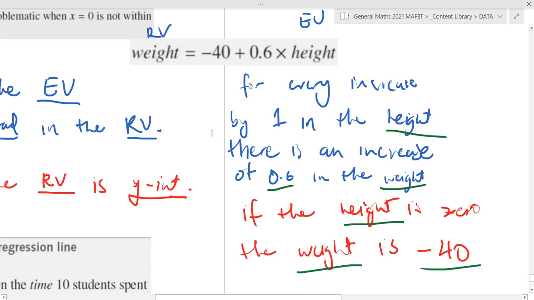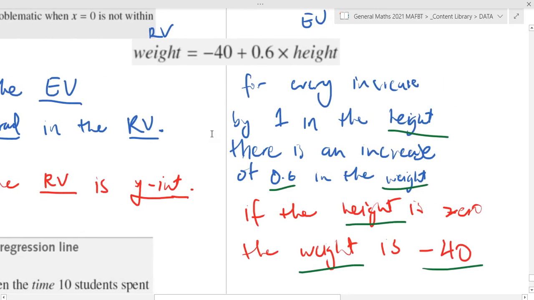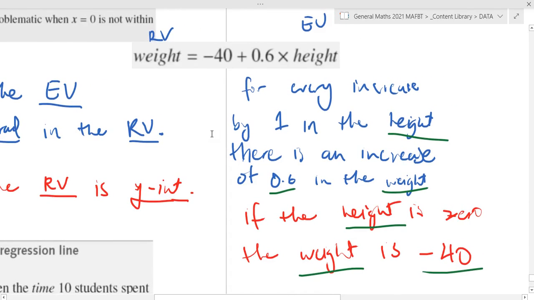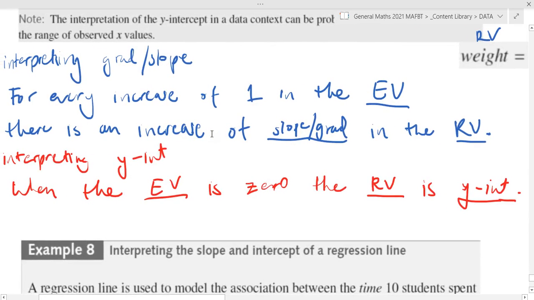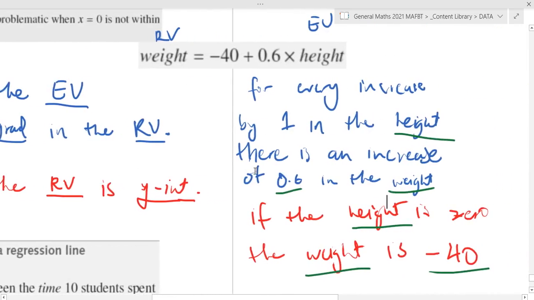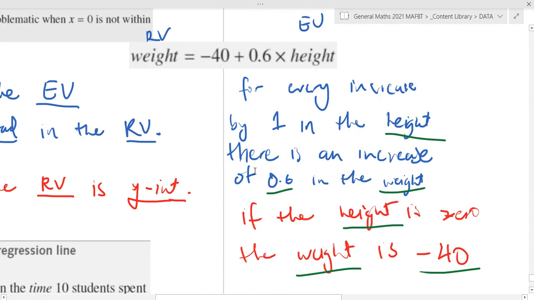Okay, so that's how we put that to practice. These are the formats of the sentences that you should use when you're going to interpret your gradient or your slope and then your y-intercept. Joseph, did you write these down? Make sure you write them down.